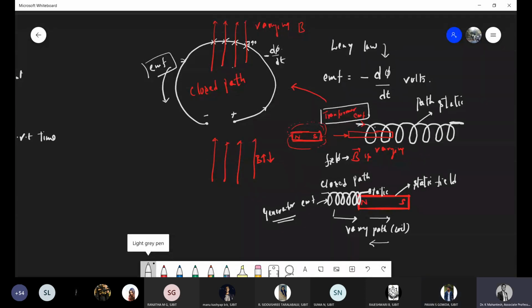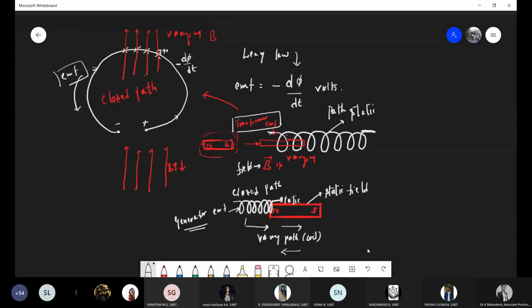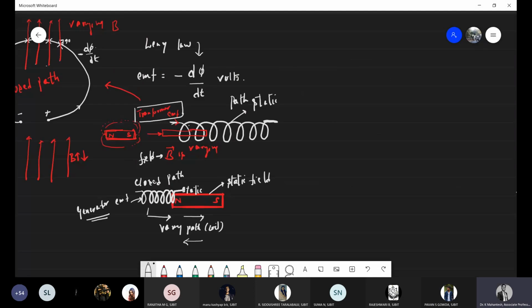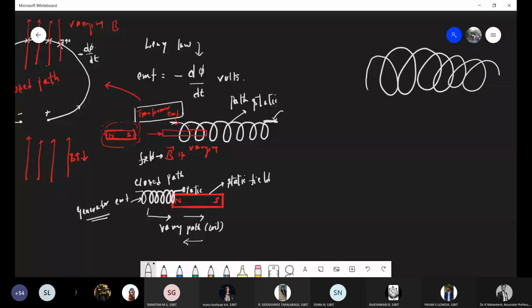What is transformer EMF? I repeat, transformer EMF is the EMF induced on the coil. See here, you have a coil and EMF is induced on the coil which is static, which is constant, which is fixed.